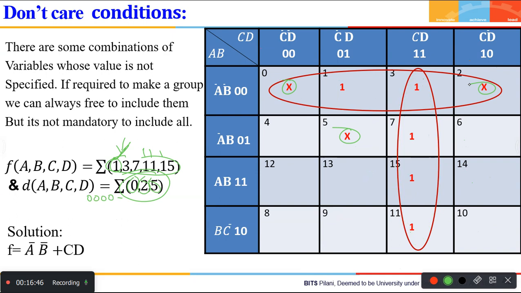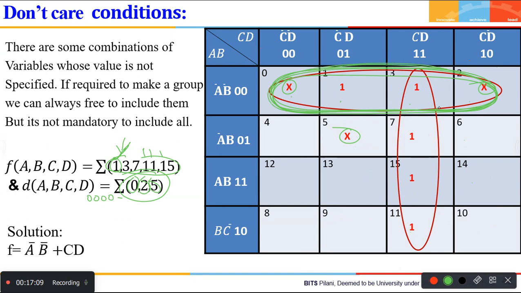For example, see here you have x, here you have 1, here you have 1, here you have x. Now, you have the option to combine including x here. You can just group this. This x can be used in grouping whenever you have the option to group it.